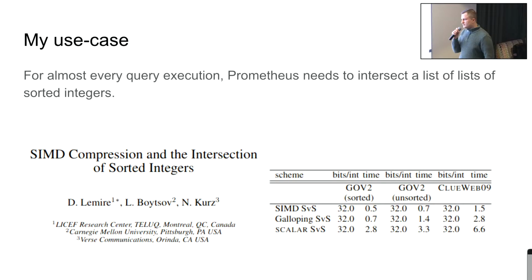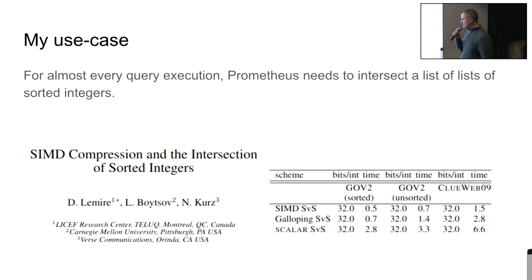So I started looking into how to make this faster because it's such a common operation and it takes a lot of time, for example if you have 10 lists of integers with 10 million elements. I stumbled upon this white paper, SIMD Compression and the Intersection of Sorted Integers, and I screenshotted one of the tables from that white paper.